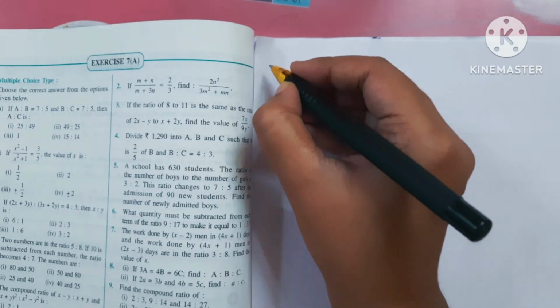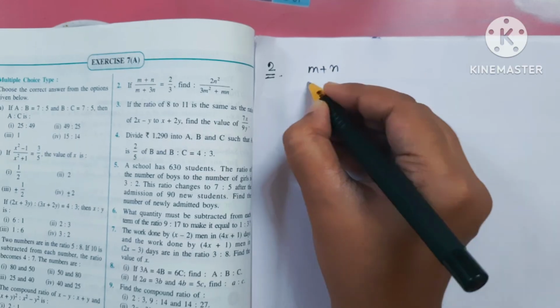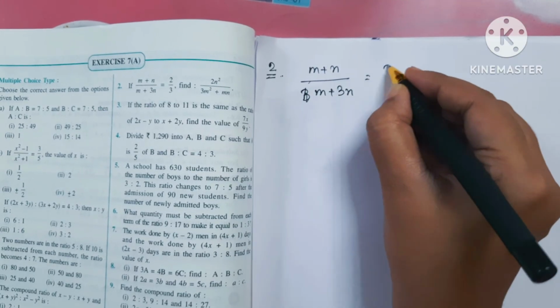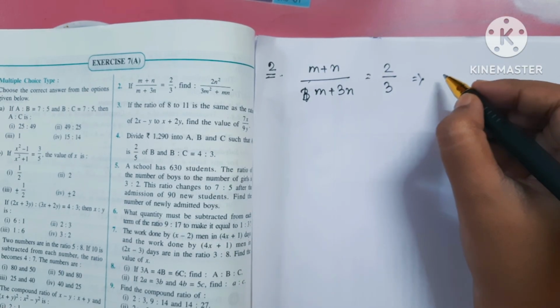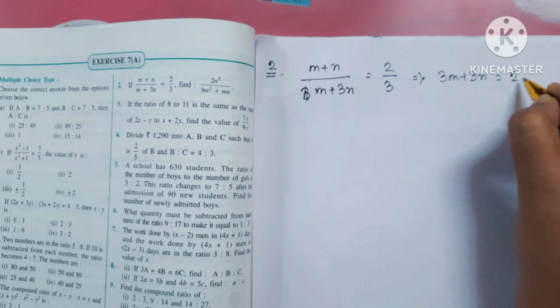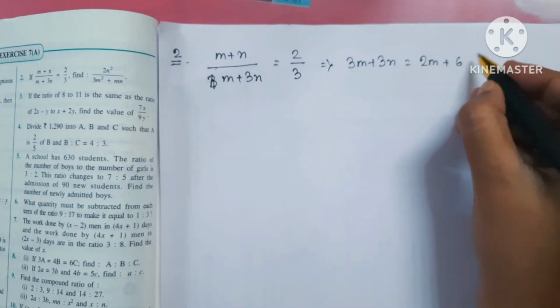Now question number 2. If m plus n by 3, m plus 3n is equal to 2 by 3. Obviously by cross multiplication you will get 3m plus 3n is equal to 2m plus 6n.